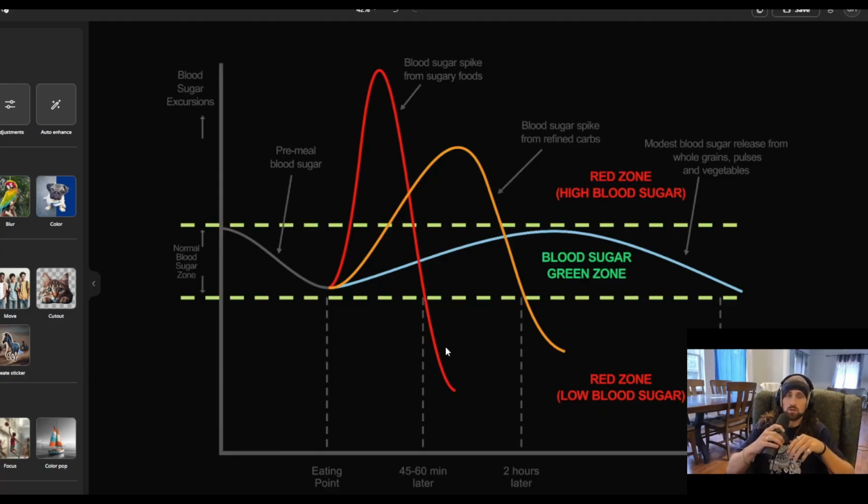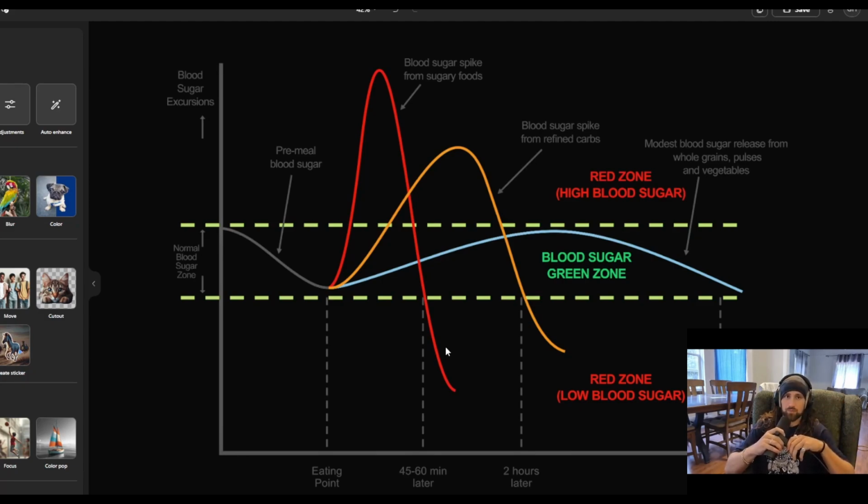This hormone is called insulin, and its job is to open up cells in the body to receive energy. Its job is to clear energy from the blood and put it into the body. So we need this, obviously.